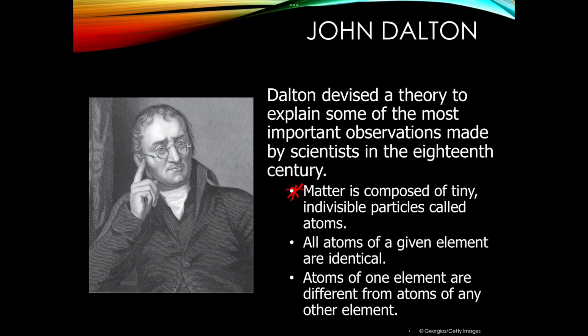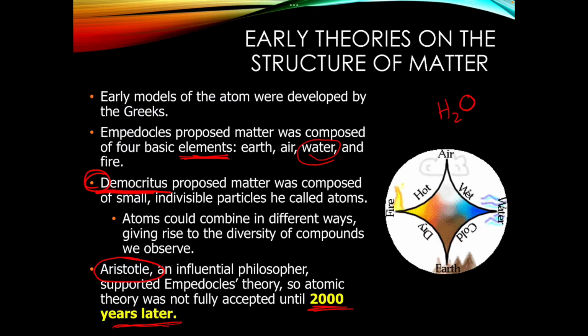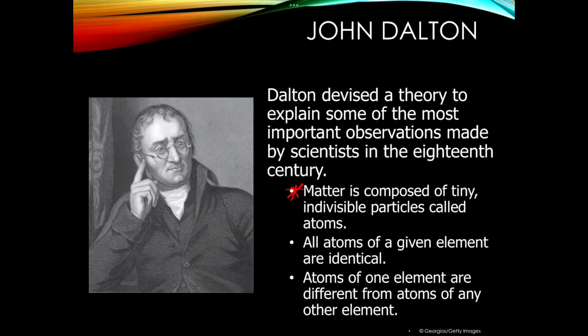And that should make you think, hang on, wait, that's what this other guy said. Democritus proposed that matter was composed of small, indivisible particles he called atoms. And you're right. Democritus had the idea first, but he doesn't really do much with it because it wasn't the popular theory. So John Dalton was like, hey, all right, let's go back to this. If matter is composed of tiny, indivisible particles called atoms, then let's say all of these atoms that make up a given element are identical.